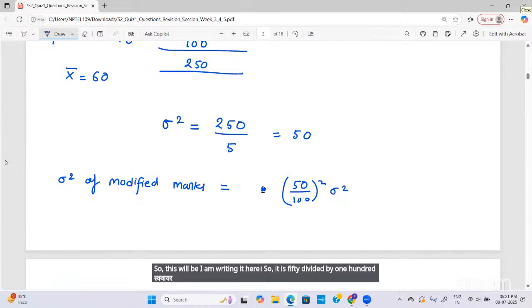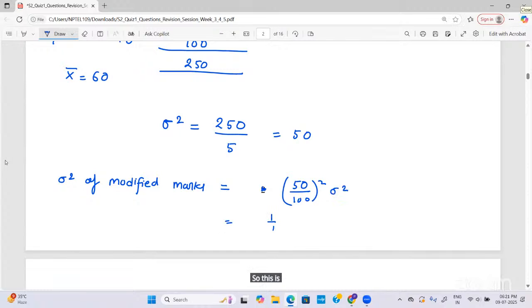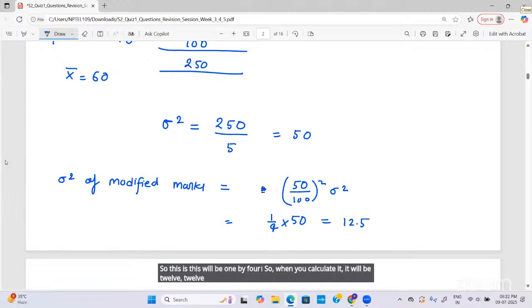So this will be 1 by 4 into 50. When you calculate it, it will be 12.5.